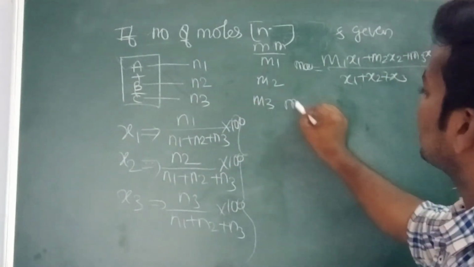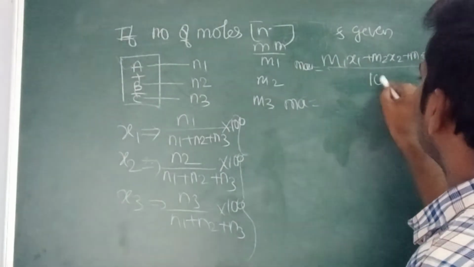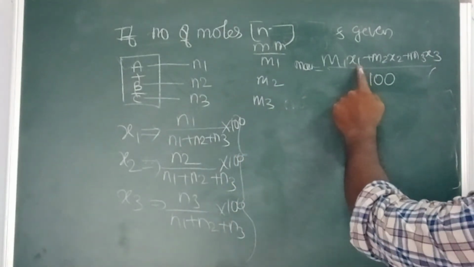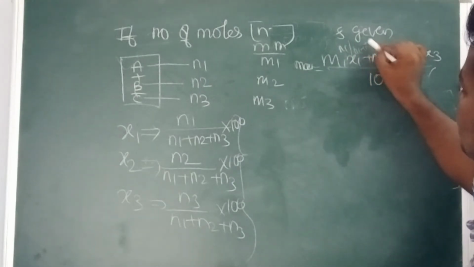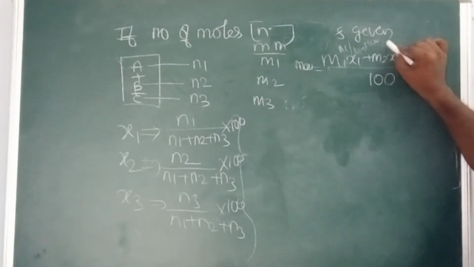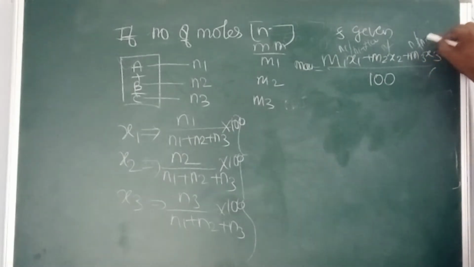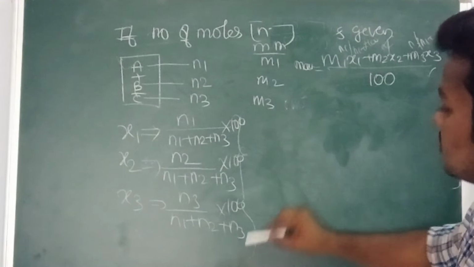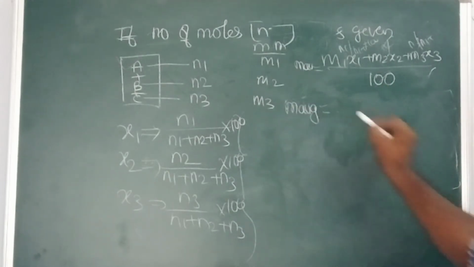So just substitute: M average is equal to, I will go with the 100, which we already know. Substituting X1 here, N1 by N1 plus N2 plus N3 into 100. Similarly N2 by N1 plus N2 plus N3 into 100, and N3 by N1 plus N2 plus N3 into 100. This 100, this 100, this 100 get cancelled. So now you can write the M average is equal.